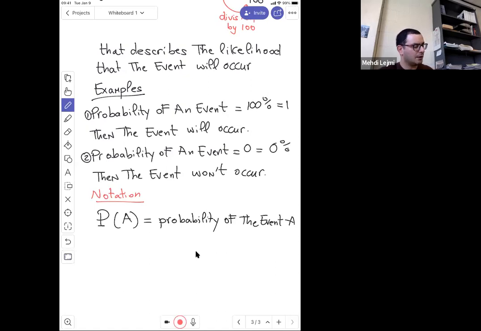So this capital P stands for probability, and then A, that's my event.